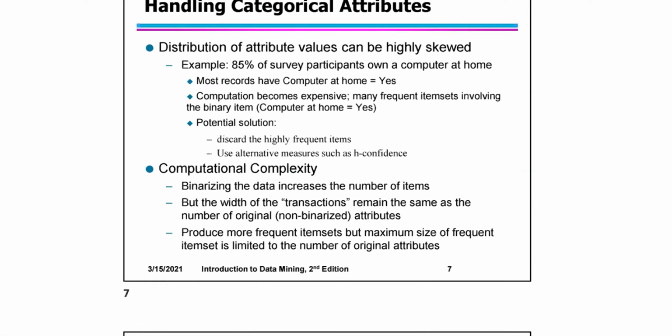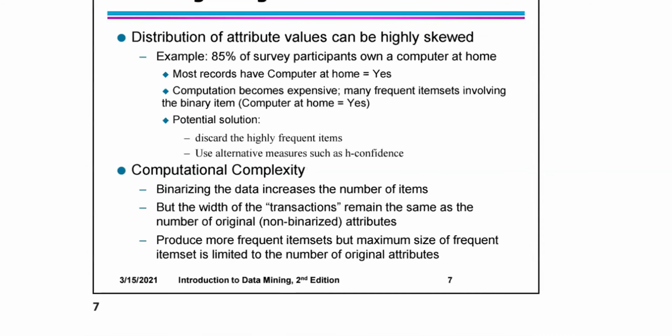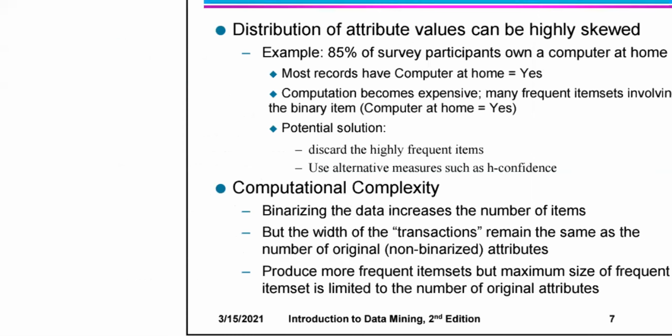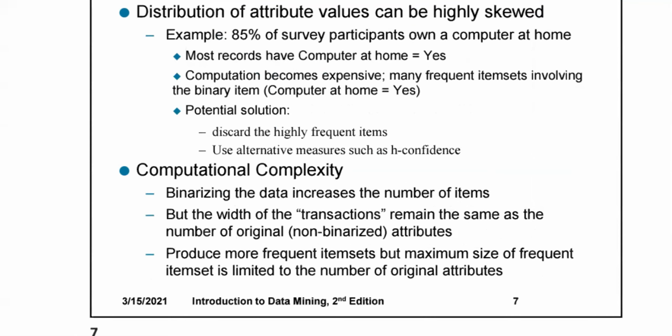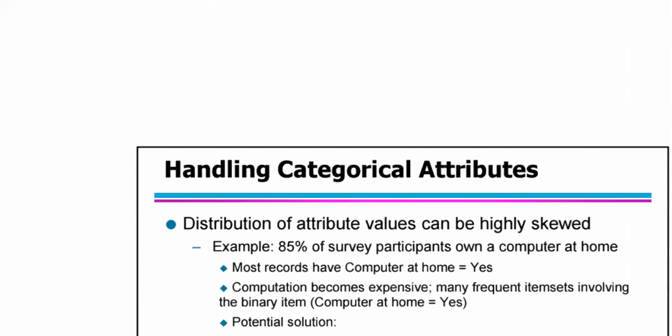For example, 85% of survey participants own a computer at home, as we just discussed. Most of the records have a computer at home, yes, and the computation becomes expensive, with more frequent item sets involving the binary item computer at home. A potential solution is to discard the highly frequent items and use an alternative measure such as h-confidence.